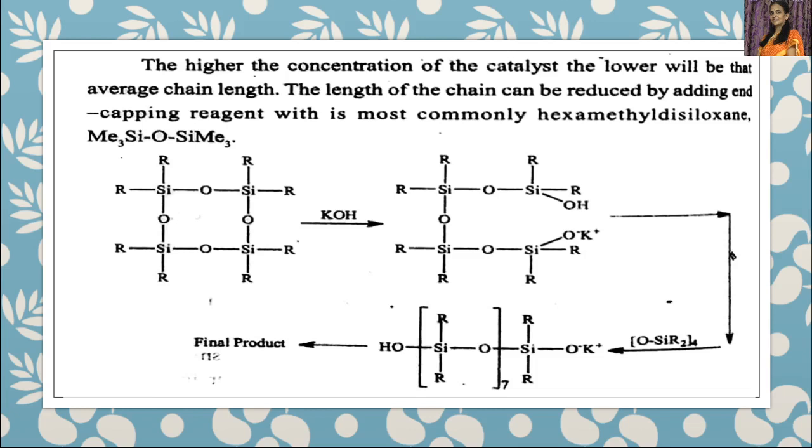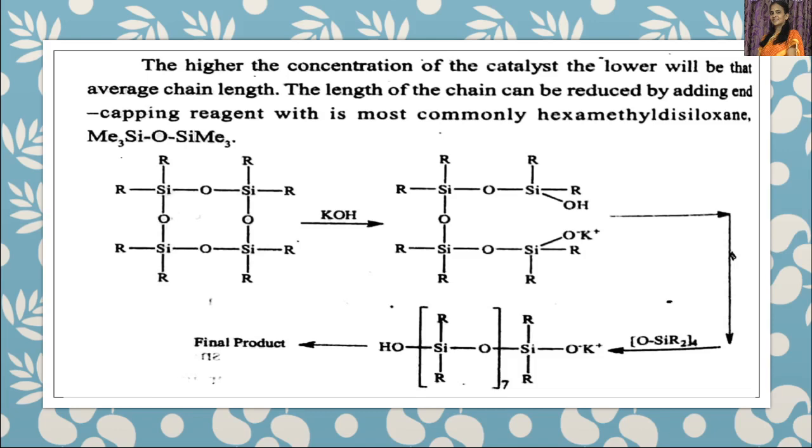So like that we get a linear polymer, and the length of the linear polymer chain can be reduced by adding an end capping reagent, that is hexamethyl disiloxane. Here three methyl groups, here three methyl groups, and Si-O-Si. So this is hexamethyl disiloxane, used to reduce the chain length.